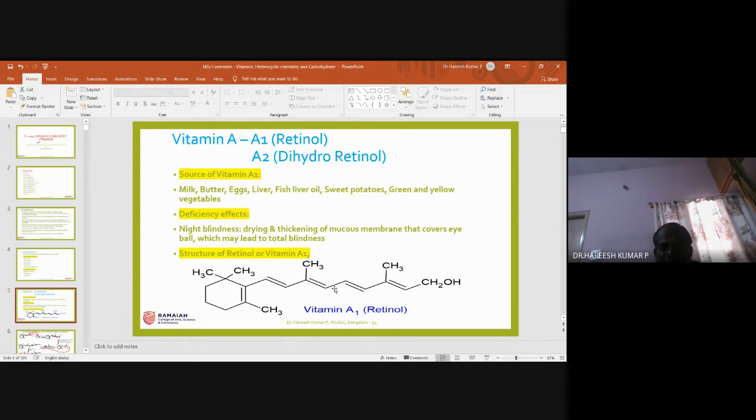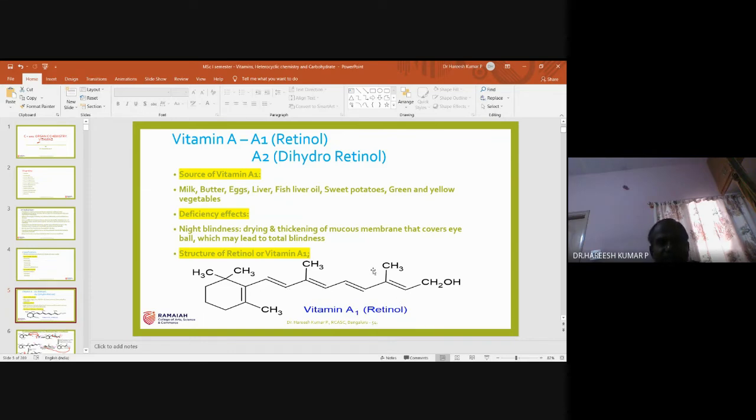In the biological importance we will talk about the trans, more particularly at the 11th position. You start numbering from here and continue like this. This is the structure, and retinol is also this only.